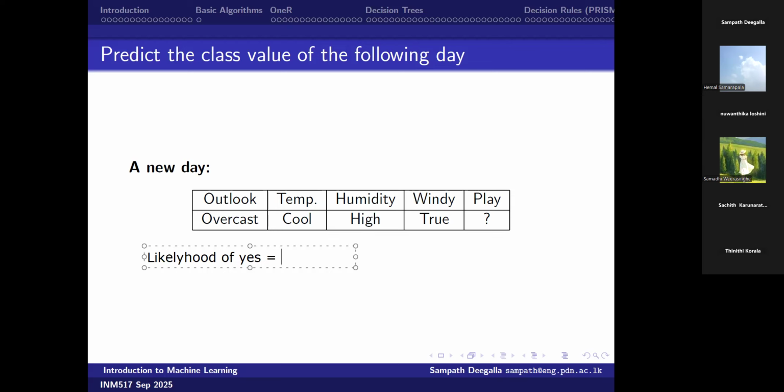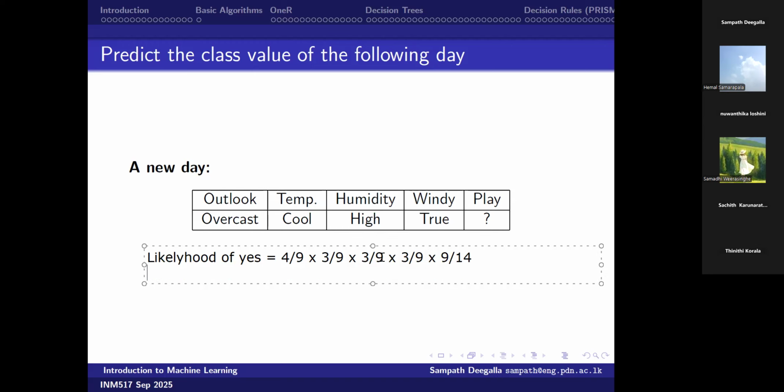If you look at outlook overcast for yes, we have 4 divided by 9 times temperature cool, that is 3 divided by 9 times humidity high, we have 3 divided by 9 times windy true, again 3 divided by 9 times the play attribute, we have 9 divided by 14.